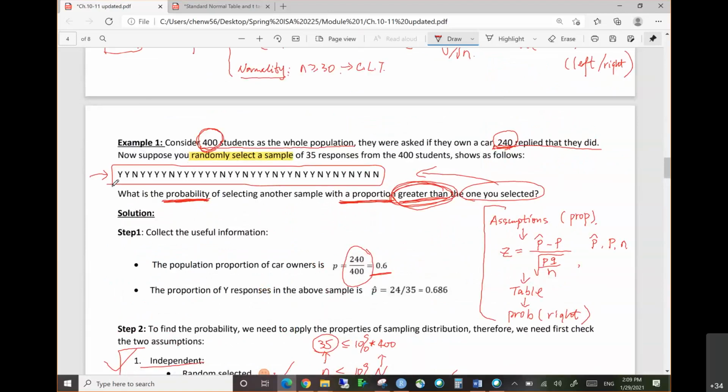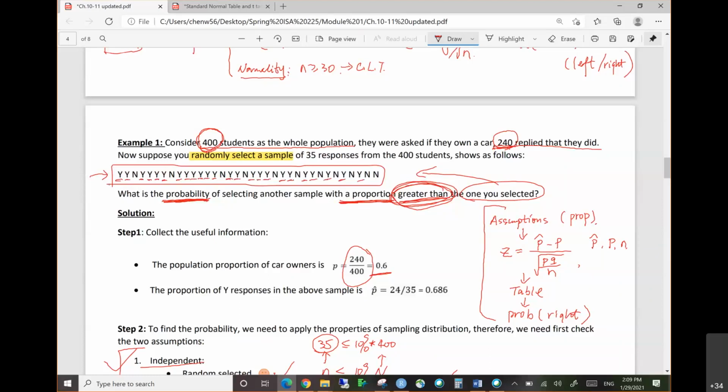So how many yeses? 1, 2, 3, 4, 5, 6, 7, 8, 9, 10, 11, 12, 13, 14, 15, 16, 17, 18, 19, 20, 21, 22, 23, 24.